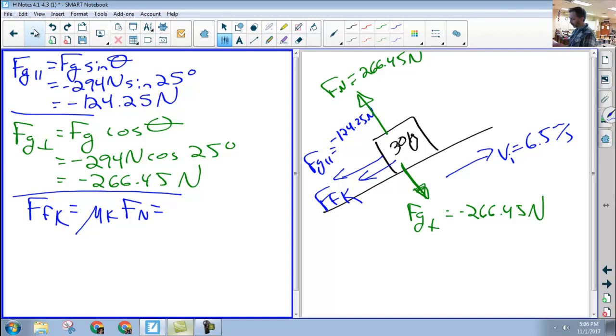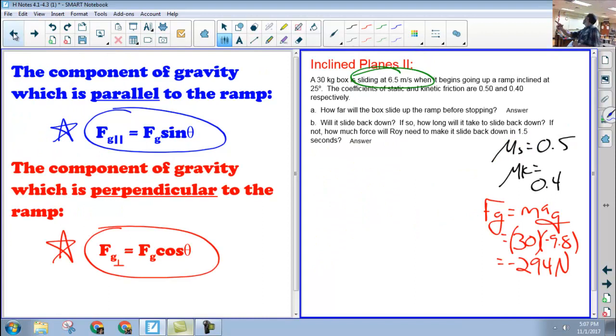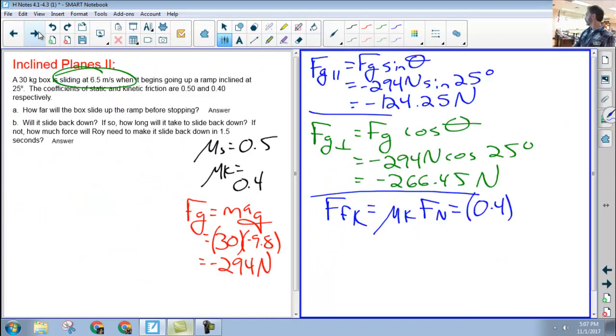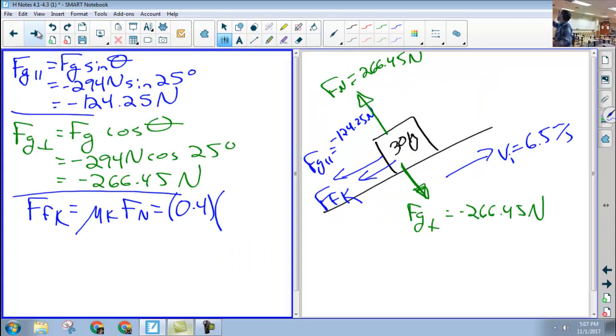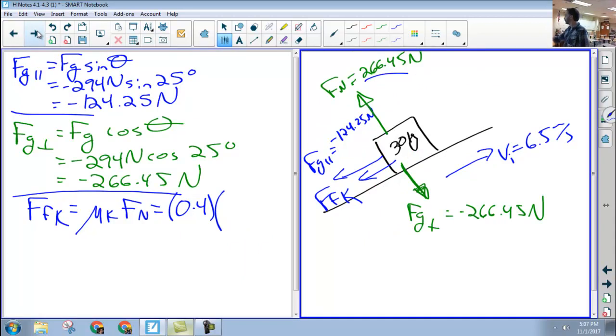The coefficient of kinetic friction was given to be 0.4, right? Yes, 0.4, times our normal force, which is over here, 266.